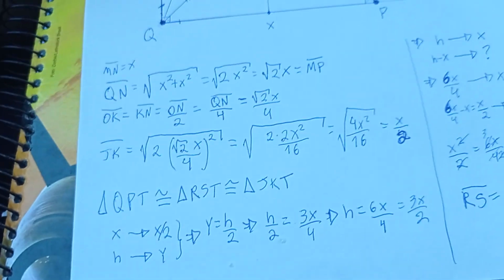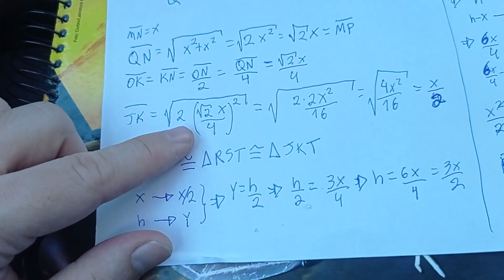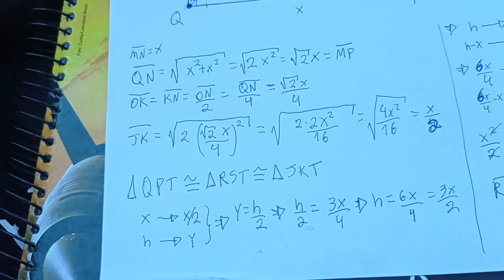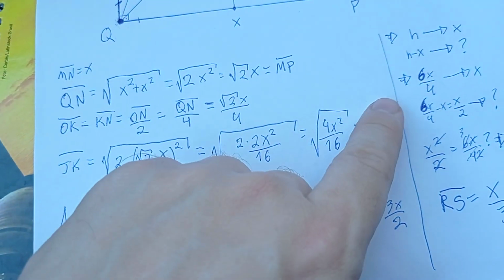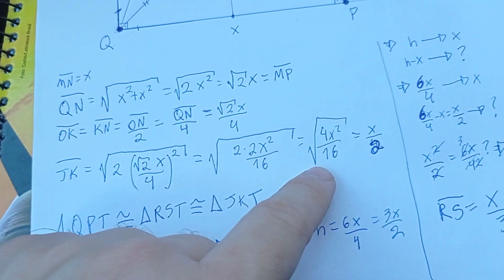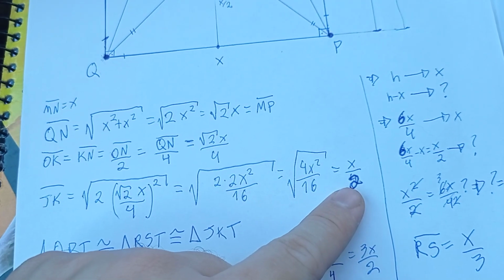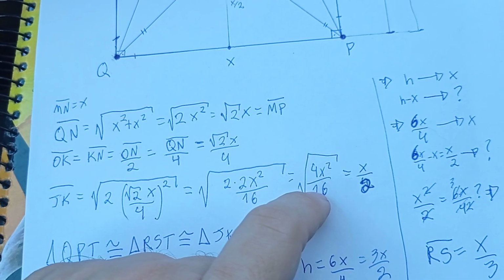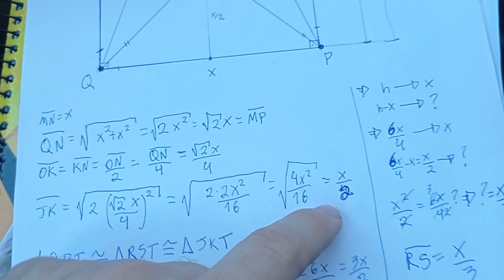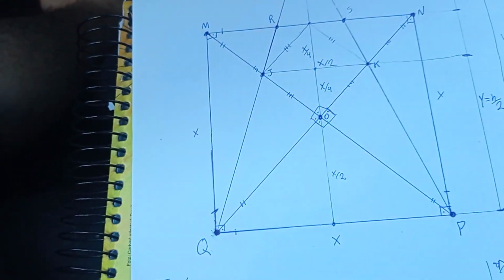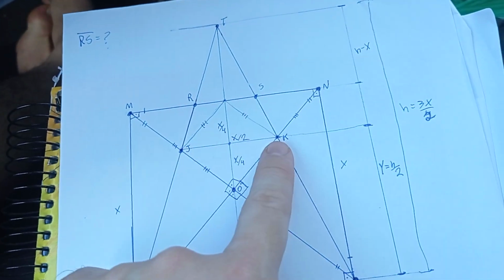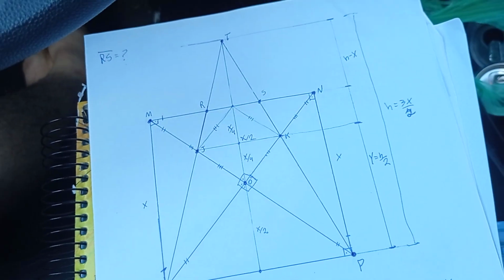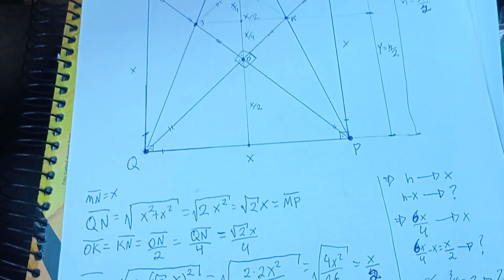So OK squared plus OJ squared is 2 times square root of 2x divided by 4, squared, which gives us 4x squared divided by 16, which, when we take the square root of everything inside here, gives us x divided by 2. So JK is equal to x divided by 2.